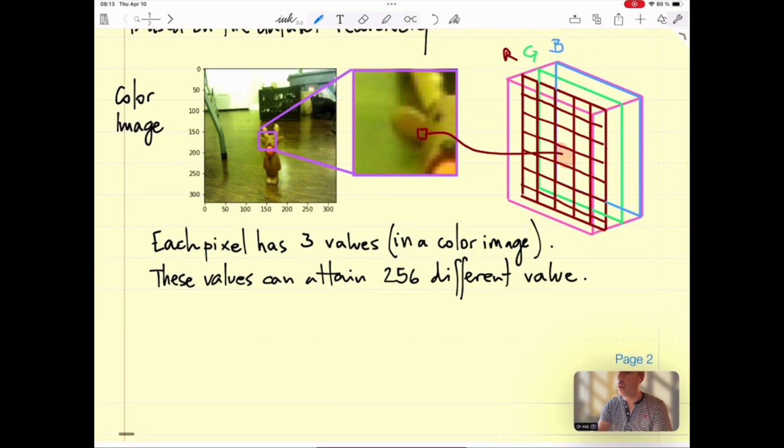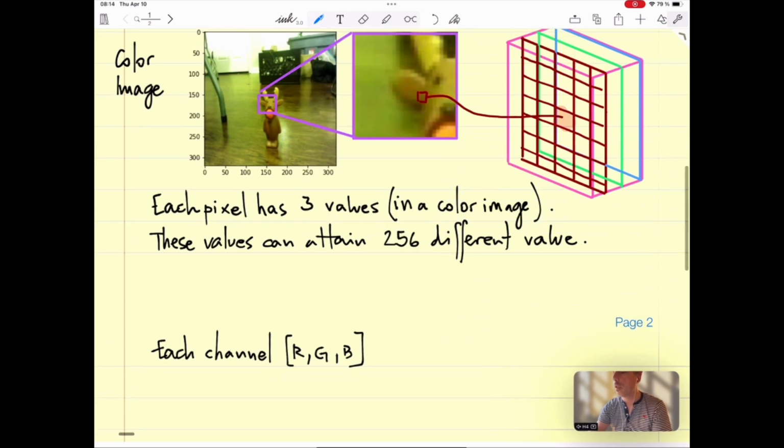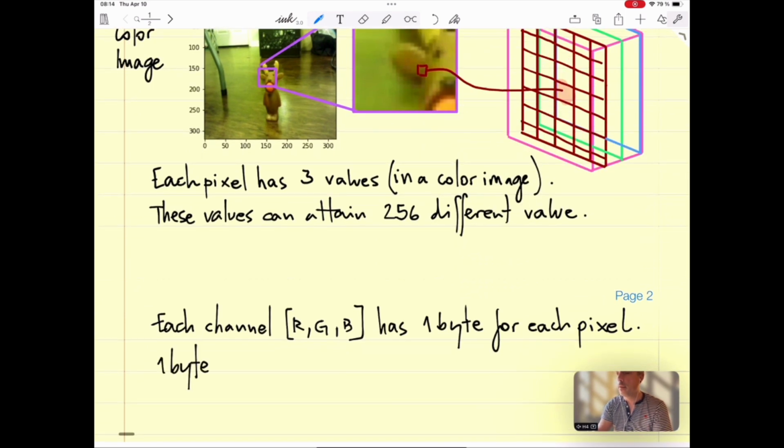So why 256? Because each channel, R, G, and B, red, green, and blue, has 1 byte for each pixel. 1 byte equals 8 bits, and each bit can have 2 values, 0 or 1.